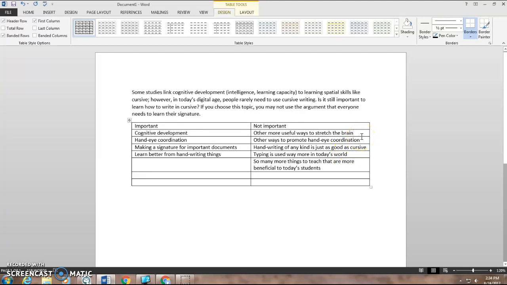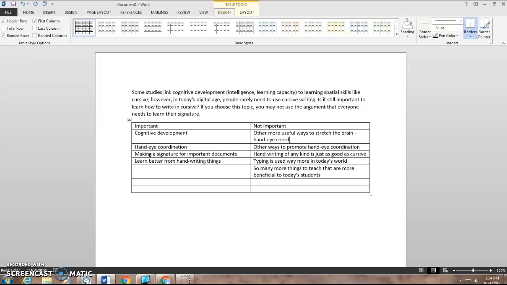And even as I went into some of these more not important stuff, I started having details. So like, there are hand-eye coordination things that help you stretch the brain. There's critical thinking.